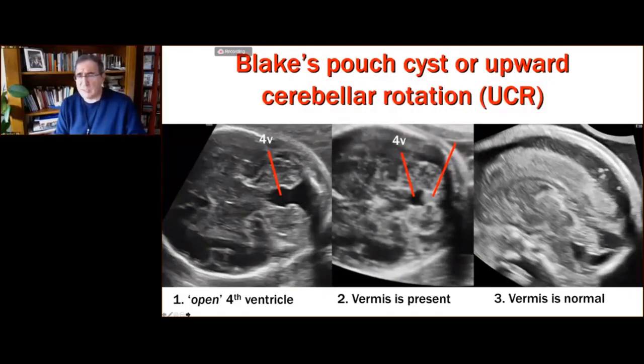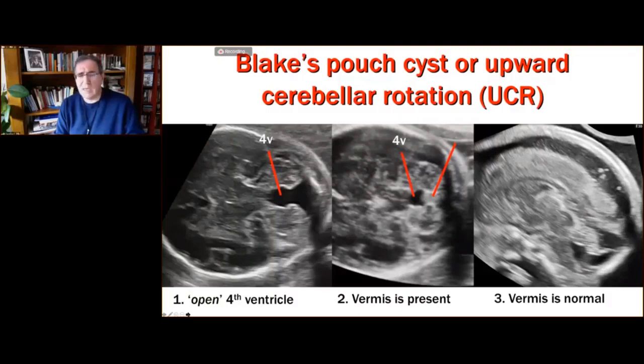But the impression on ultrasound is that the fourth ventricle is open posteriorly through a splitting of the cerebellum. Typically, the cerebellar vermis is normal, the transverse cerebellar diameter is normal, and the cisterna magna is not dilated.